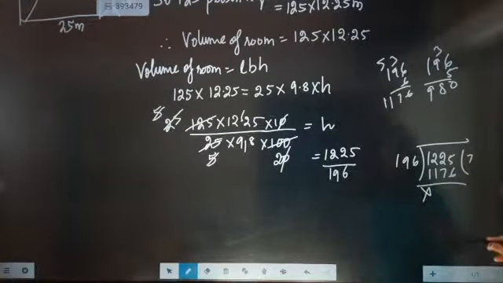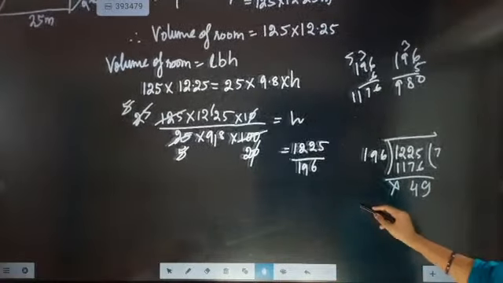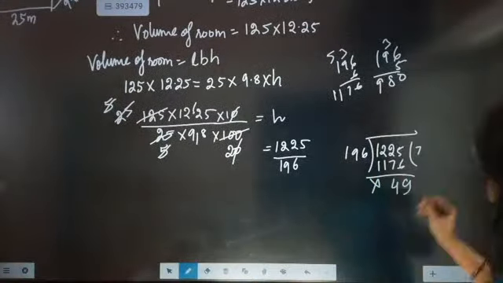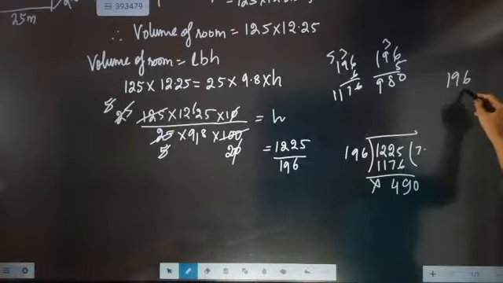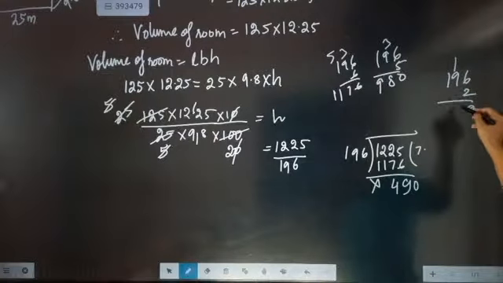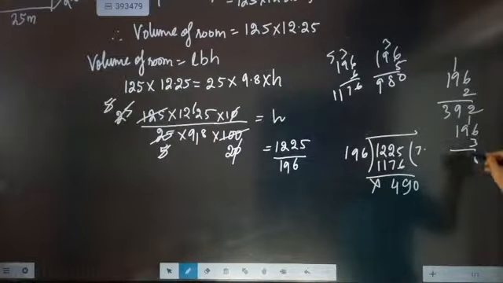Here 15 minus 6 is 9, 11 minus 7 is 4, 49 is coming. Two 6s are 12, 2 9s are 18, 19, 3, 196, 3 6s are 18, and 27, 28.